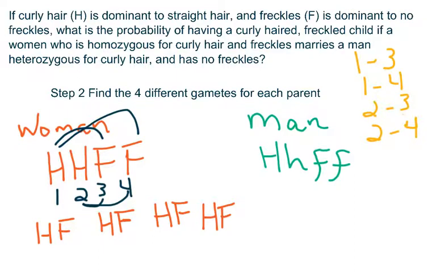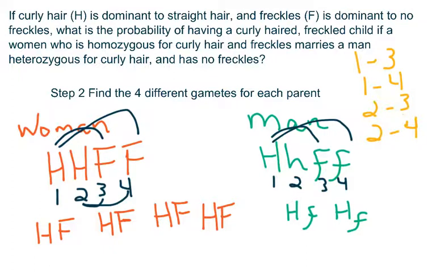Now I'm going to do the same thing with the man. 1, 2, 3, 4. I'm going to put 1 and 3 together, so that's capital H, lowercase f. Then 1 and 4 together: capital H, lowercase f.